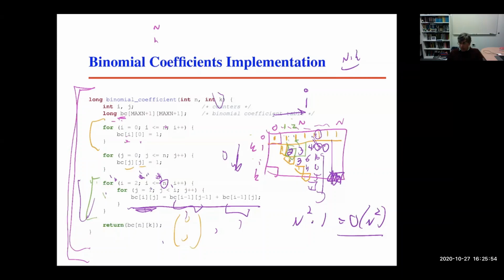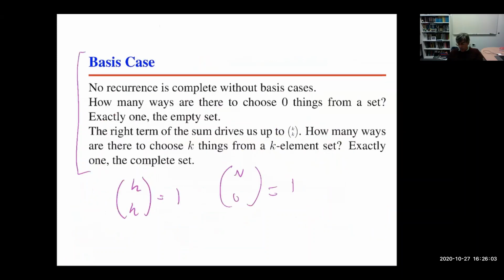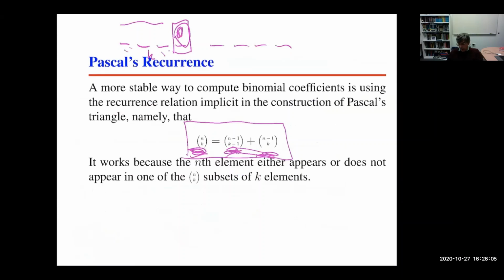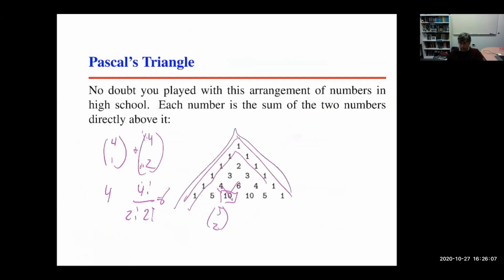But what's the important point? The important point is I am building a table that has nk elements, or actually n times n elements. That's really what a triangle is. There's n rows, each of which has on average n over 2 elements.